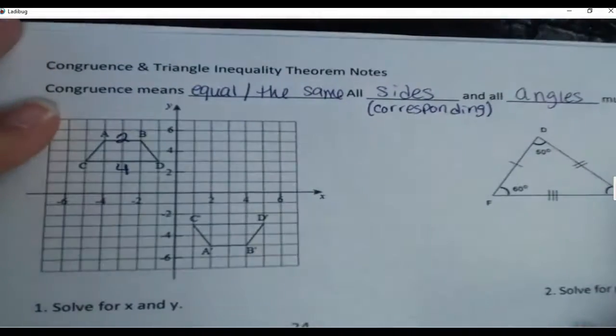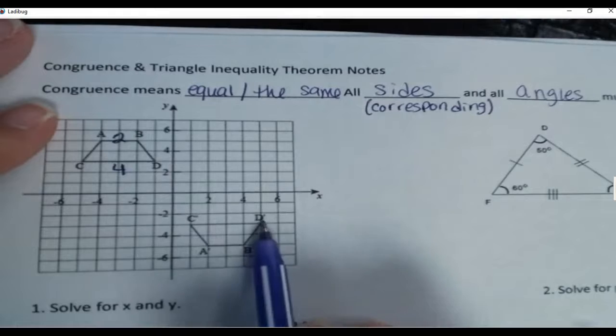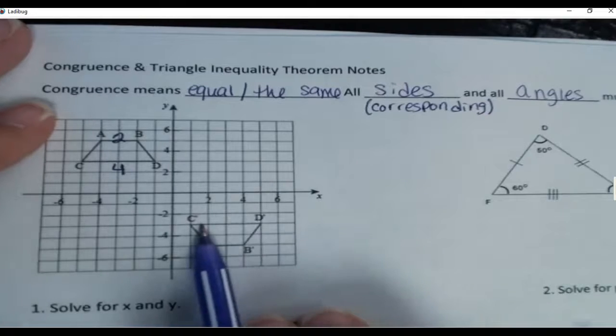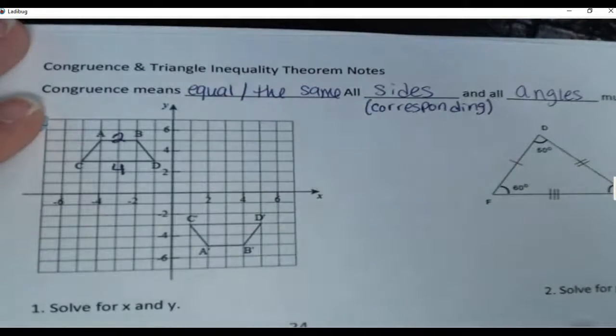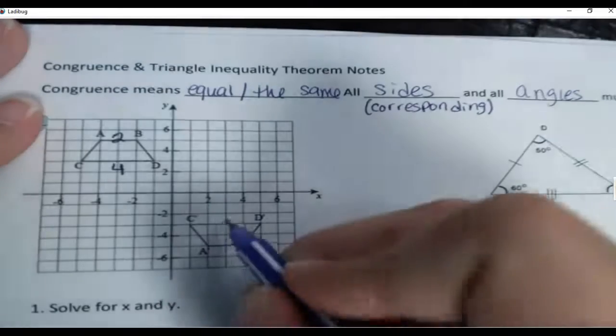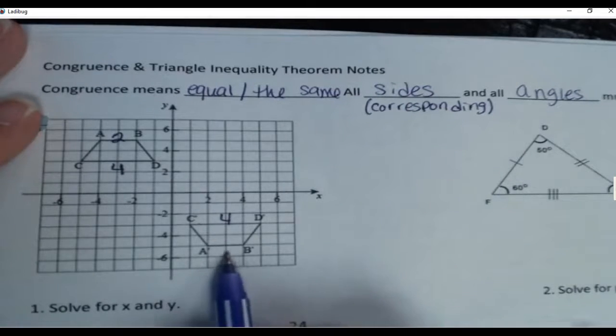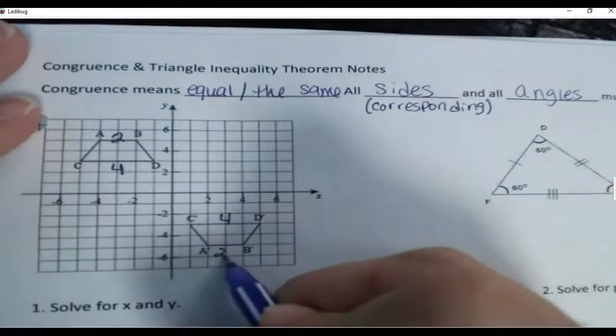Close. 1, 2. Good. So then I can look at C prime, D prime, and remember from our unit 1, that means that we've taken this shape and we've translated it some way. So if I count this one, it's 1, 2, 3, 4. And then A prime, B prime is 2.